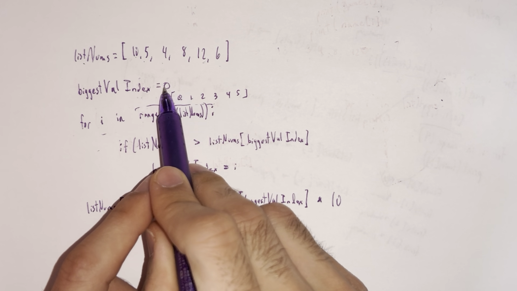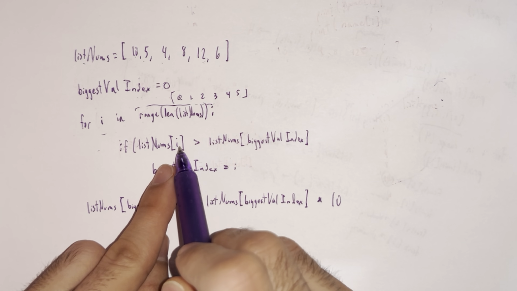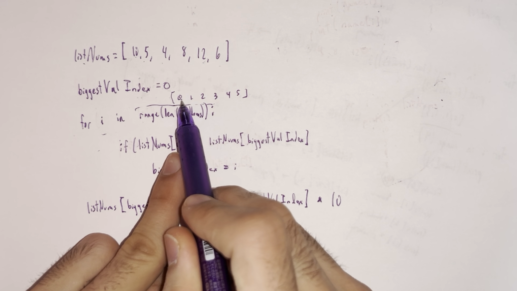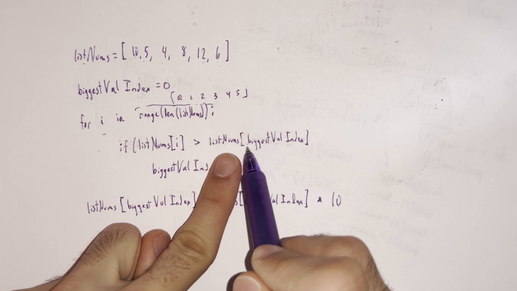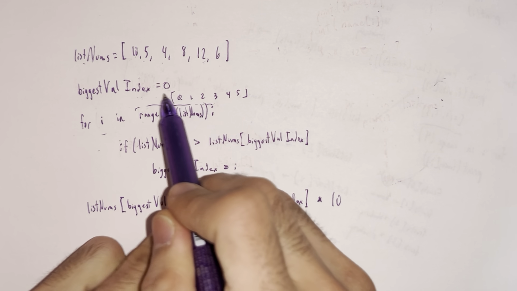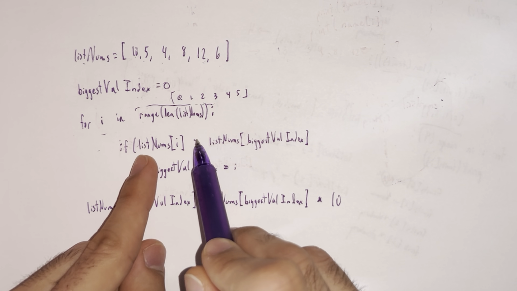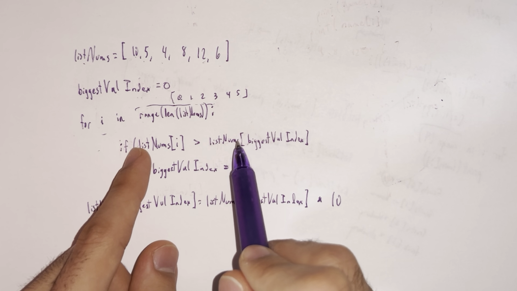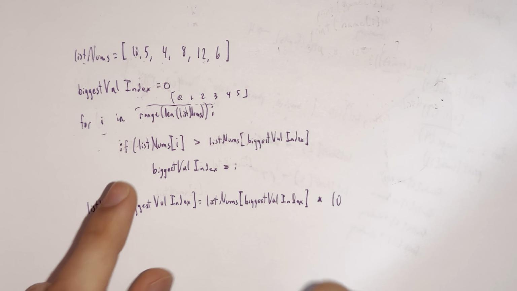But at the moment, the biggest val index is already equal to 0. So at the first start of the loop, it's going to compare list nums at 0 to list nums at biggest val index, which is 0. So it's comparing itself to itself. There's not really any point in doing that.